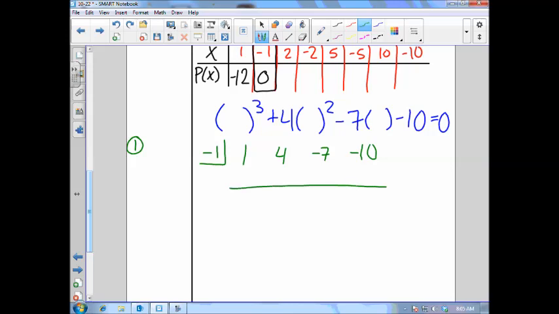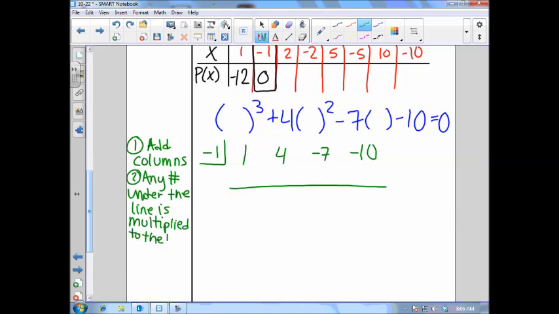So the rules again are you add the columns. Any number under the line is multiplied to the box number, whatever's in the box.